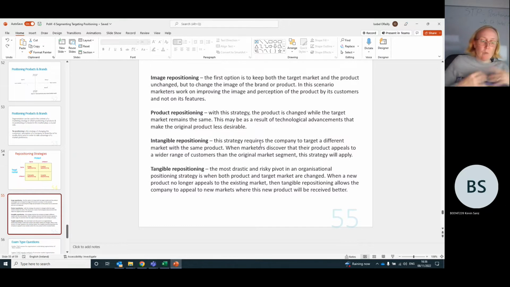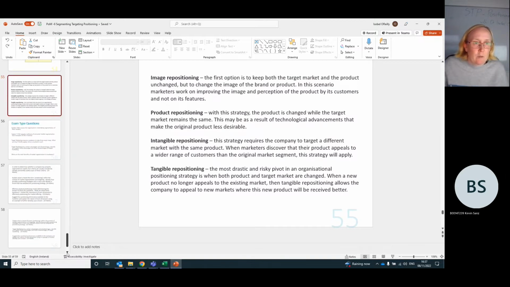It's associated, as I said, with sunshine, beer gardens, barbecues, and it's moving it from a low class, low reputation product to this fun and sophisticated product. So when marketers discover that their product appeals to a wider range of customers than the original market segment, this strategy will apply. As I said, this is where Bulmers and Magners by extension had their repositioning a number of years ago.